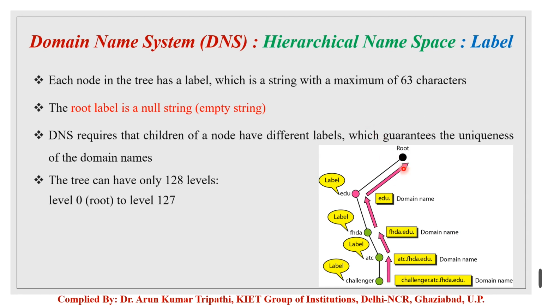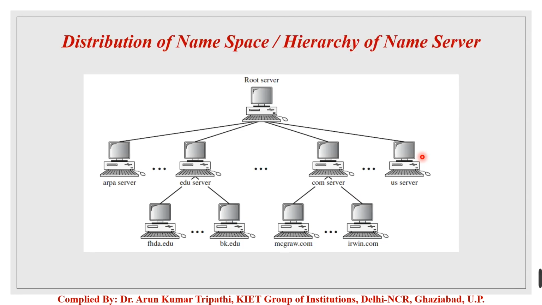Okay. There are three levels, a total of 128 levels: level 1, level 2, level 3. That means 0 to 127. The root will be at the 0th level. So this is the hierarchy. Now, this hierarchy can be seen in another way in this diagram: root server, then edu server, then .bk, suppose it is Berkeley, then it is using the naming convention .bk, and then here is the department .csc, and so on.